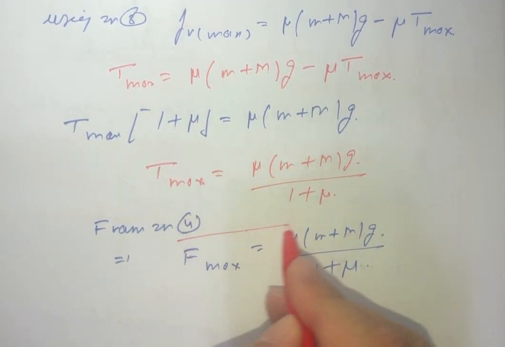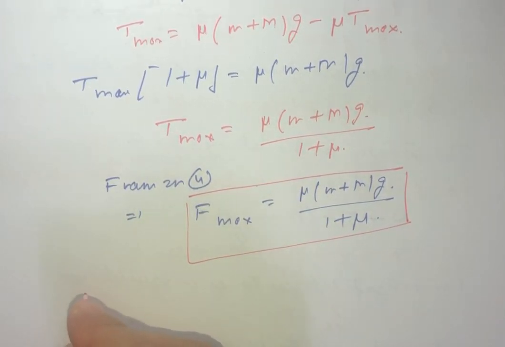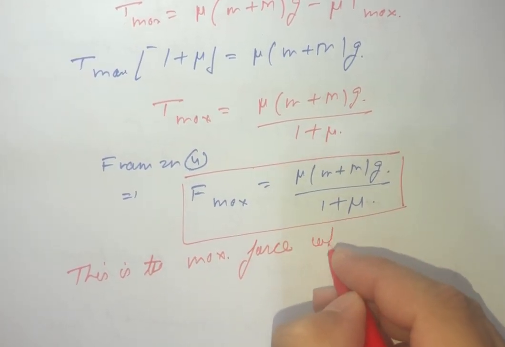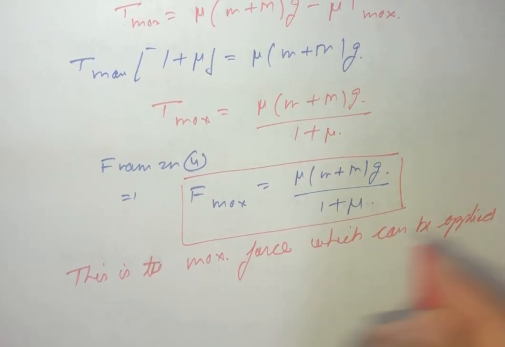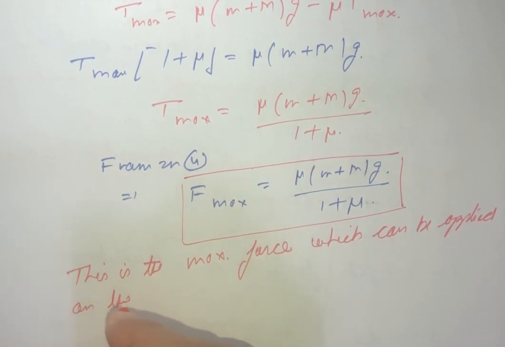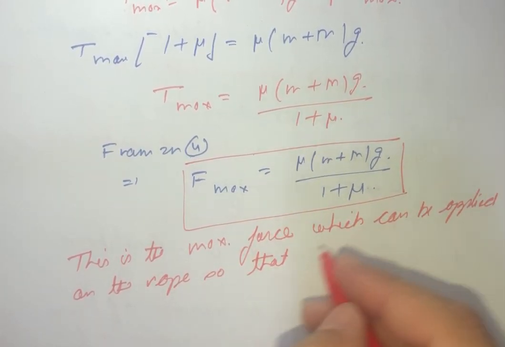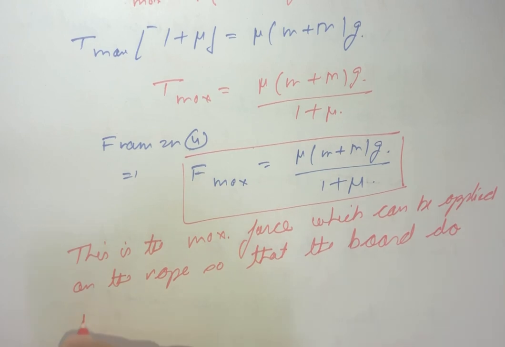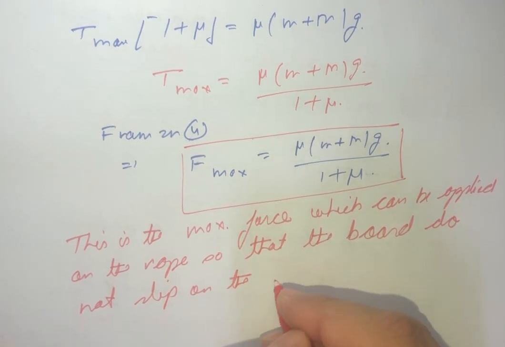So this is our maximum force, which can be applied on the rope so that the board does not slip on the floor.